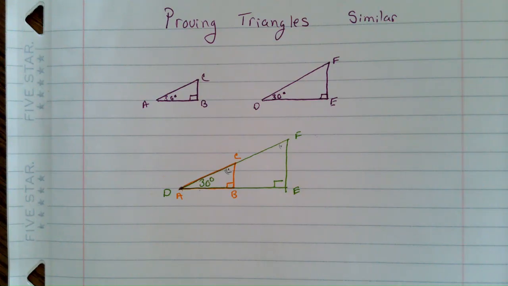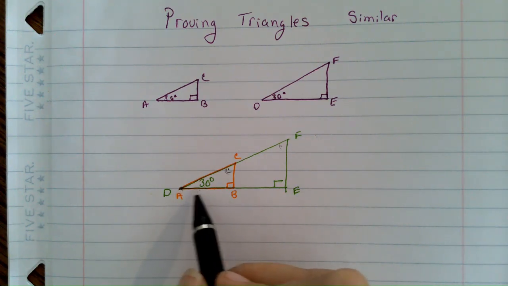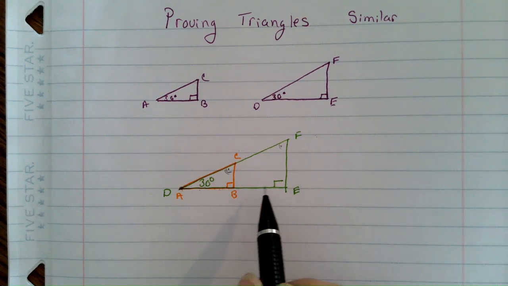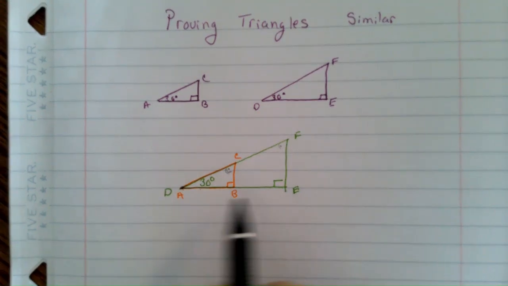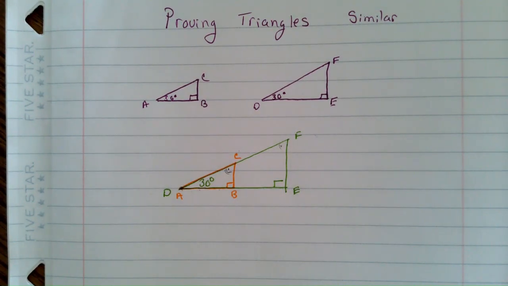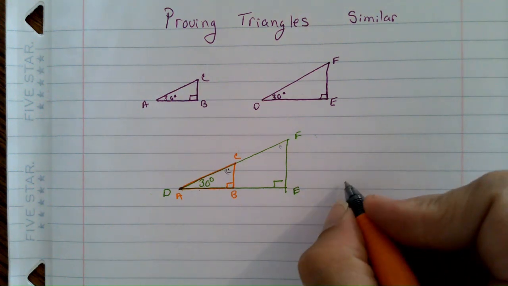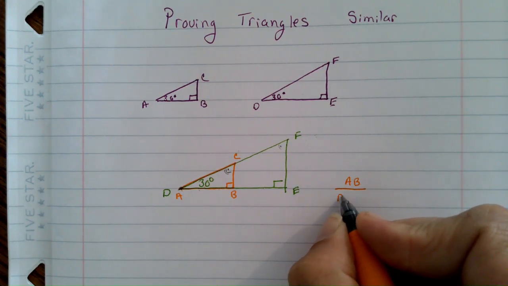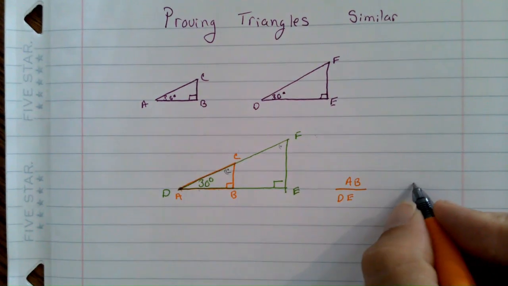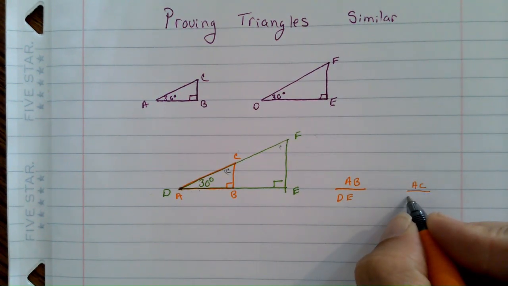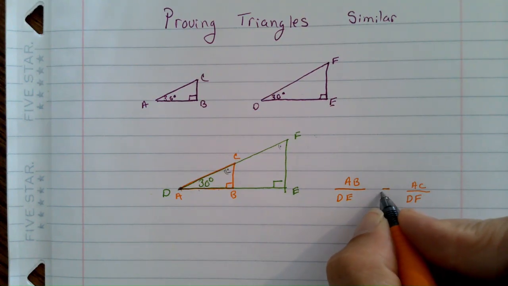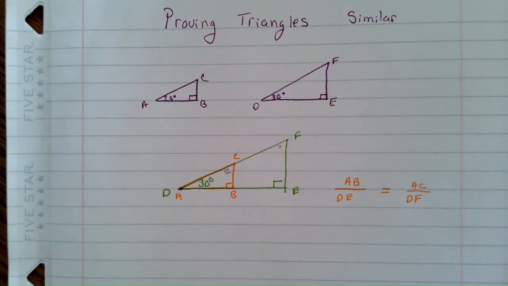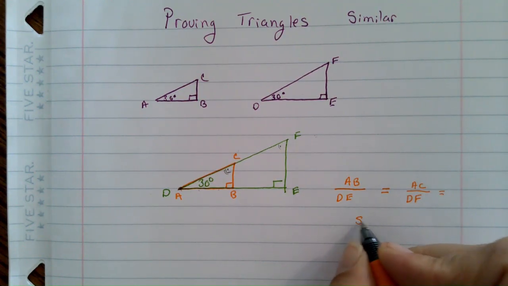So what we can see here is that we could also go through, and because of the dilation, we know we have a scale factor. AB would be related to DE, and AC and DF, and these would be equal ratios, or it would be your scale factor.